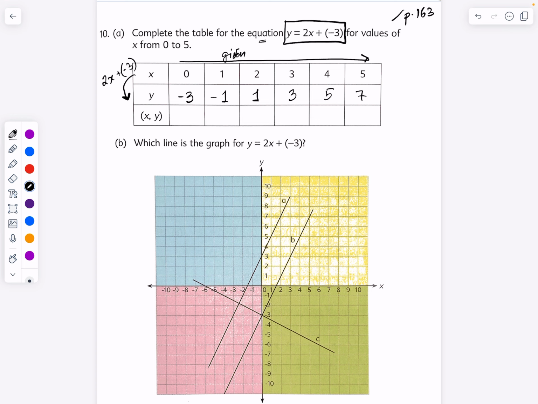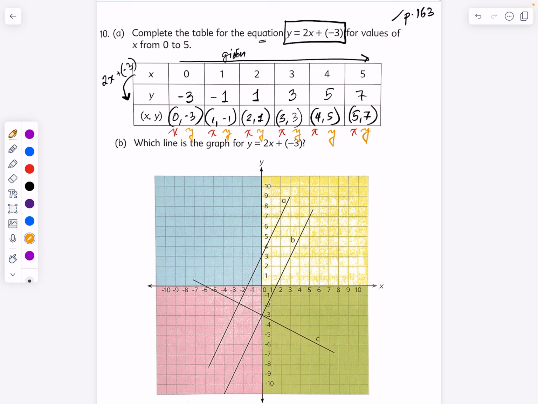Let's write down value pairs. (0, -3), (1, -1), (2, 1), (3, 3), (4, 5), (5, 7). Please keep in mind that the first place is for your x values, and the second place is for your vertical value, your y values.